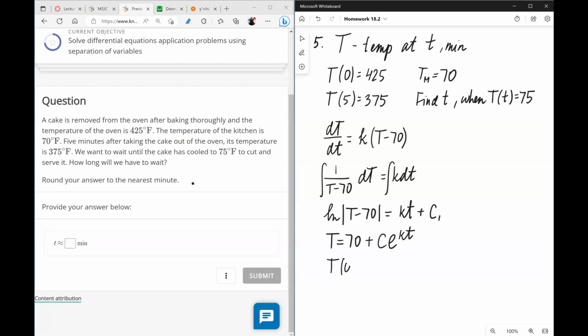Now we can use the fact that T of 0 is 70 plus c equals 425, meaning that c is 355, and T of 5 is equal to 70 plus 355 e to the power k times 5, which is 375.